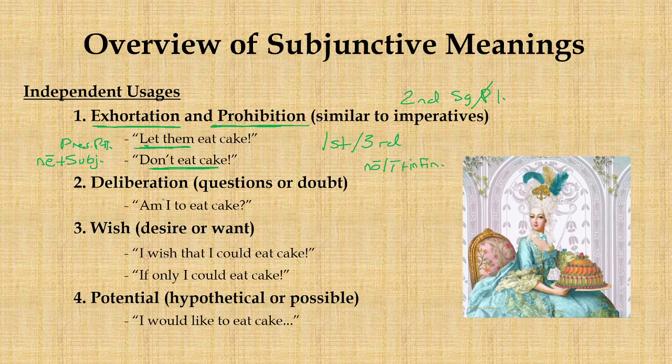And then the other three uses. There is what's called a deliberative subjunctive, and the key idea here is doubt or deliberation, a question. The way to think through this is it's easiest to compare the indicative versus the subjunctive version. The indicative version of this would be, am I eating cake?